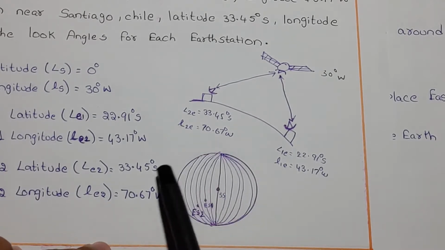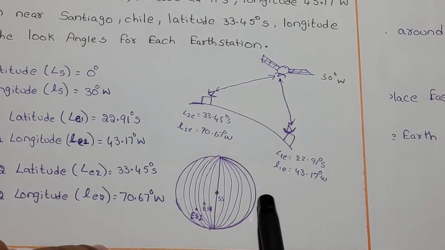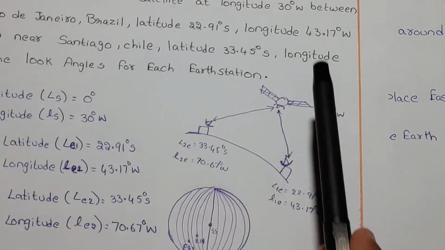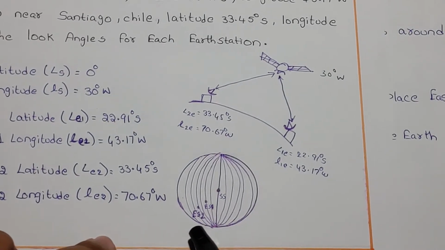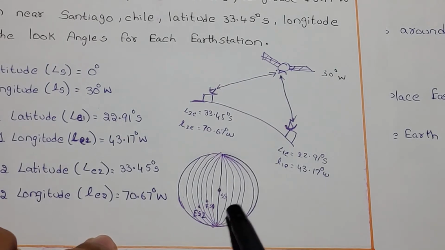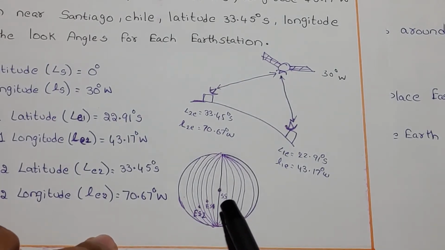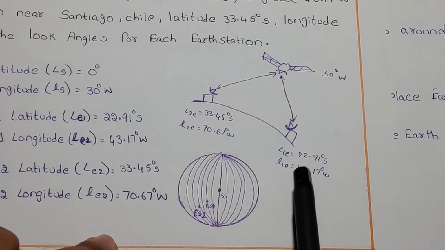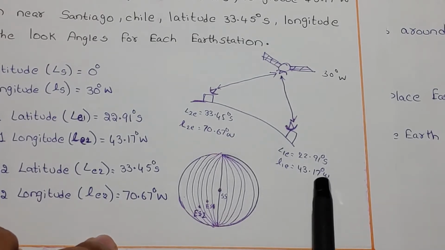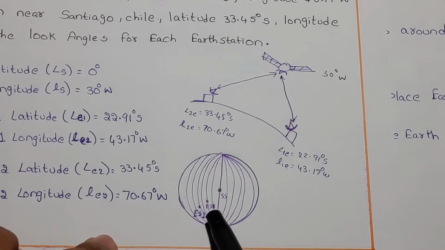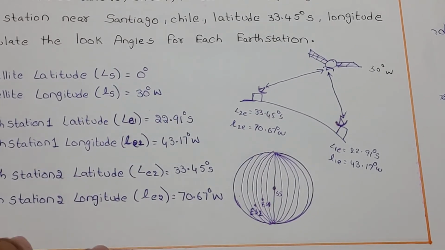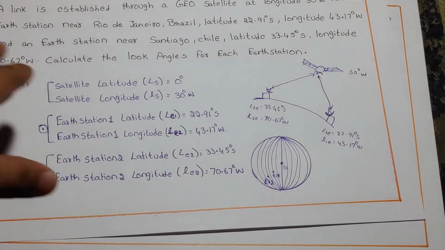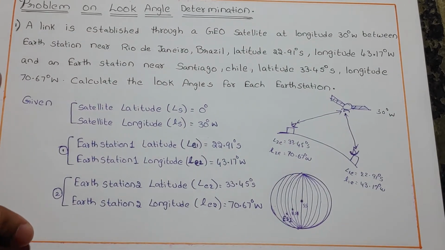As we are given latitude and longitude positions, draw the figure with the longitude as reference. Here 30 degrees west is the satellite, earth station 1 is at 43 degrees, and 70 degrees is for earth station 2. After drawing these pictures, we go for the steps involved in the look angle calculation.